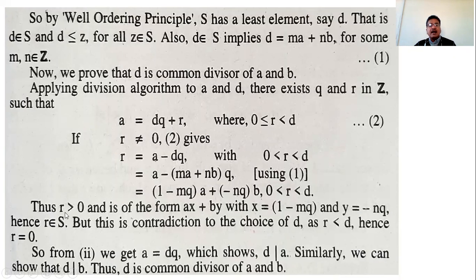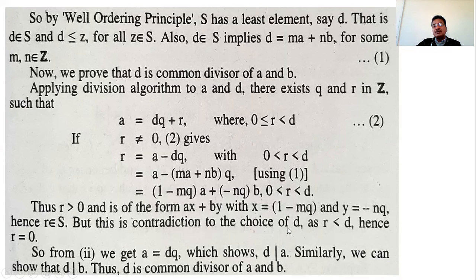Here x is equal to 1 minus mq and y is equal to minus nq, and hence R belongs to S, because it satisfies the two properties of the set S.